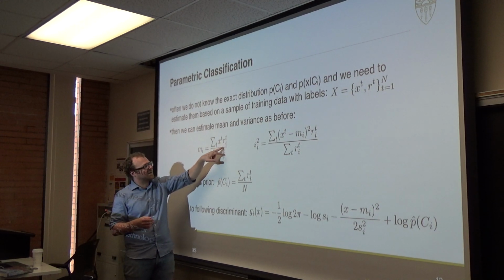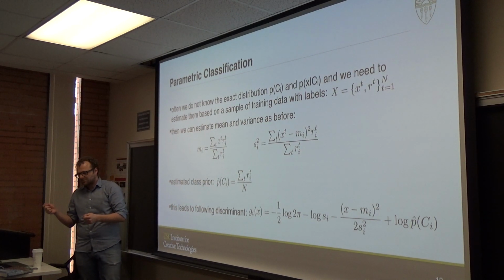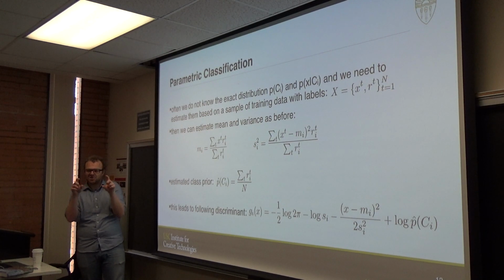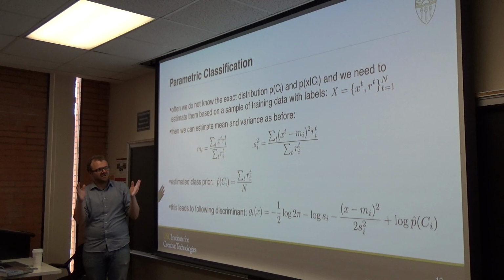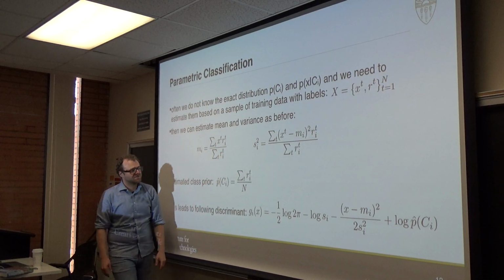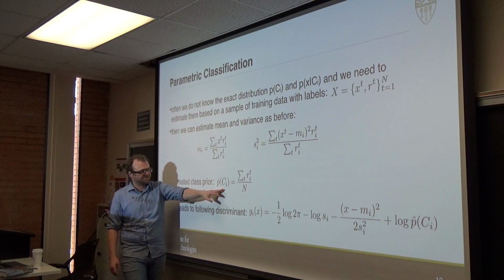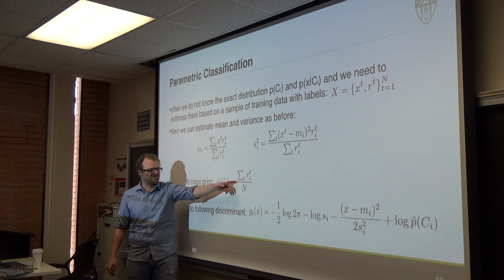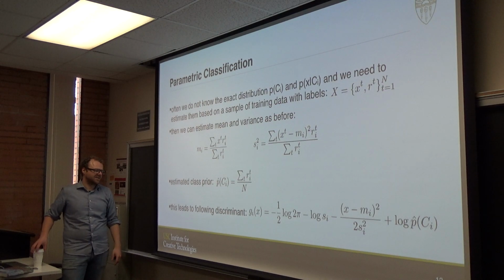That's why we have this indicator variable, which is 1 or 0, a k-dimensional vector, with k the number of classes, that's 1 for only one and 0 for all the others. So you can sum this up easily. And then the standard deviation or variance can be computed the same way. The prior is just the number of observations that belong to class i divided by the total number of observations.